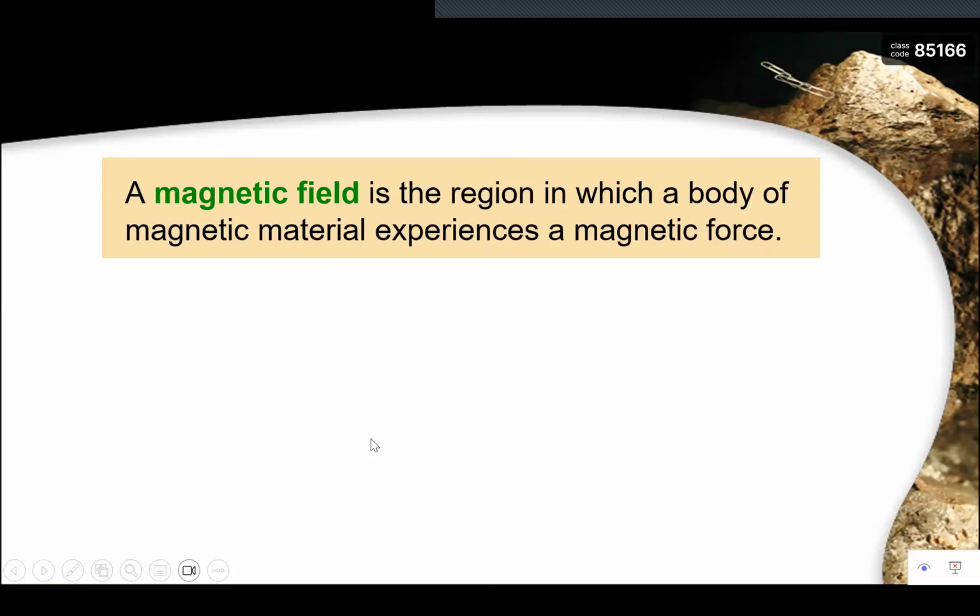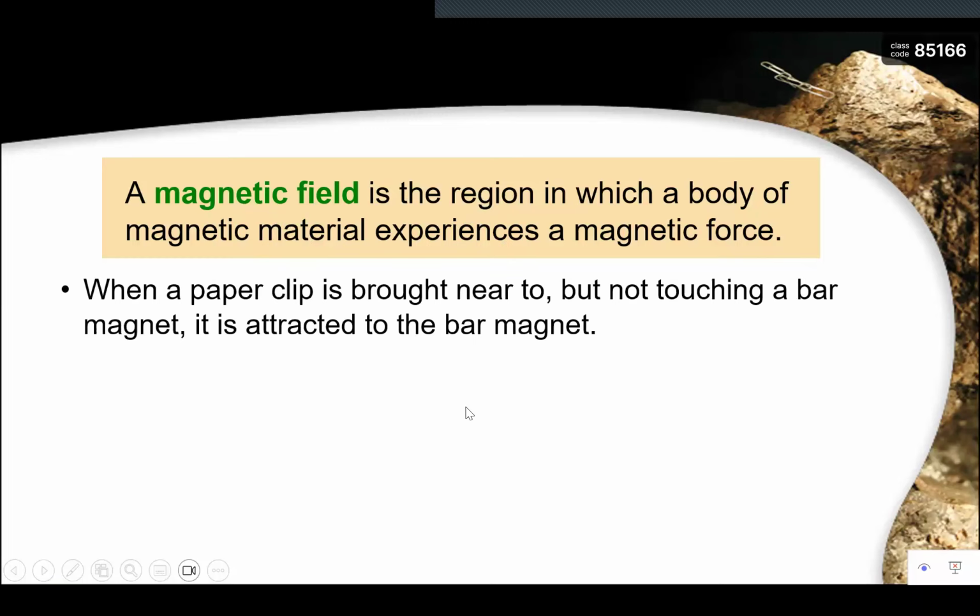An electric field is a region where an electric charge experiences an electric force, while a gravitational field is a region where a mass experiences a gravitational force. So the definition of a field is always a region whereby something experiences some kind of force. That will help you memorize the definitions more easily.